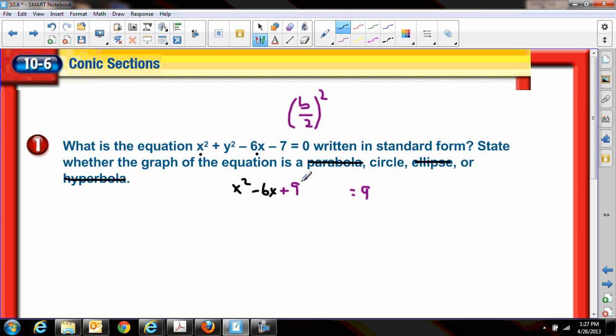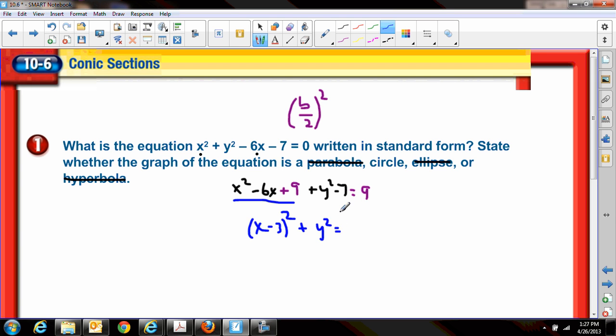So finishing off my equation, I then have plus y squared minus 7. Now, the whole reason for completing the square is these three terms are now going to factor, and they factor nicely into x minus 3 squared, plus the y squared, which I bring down.